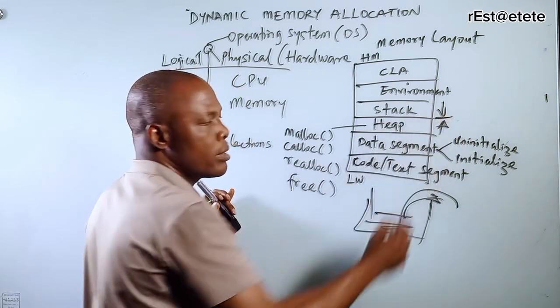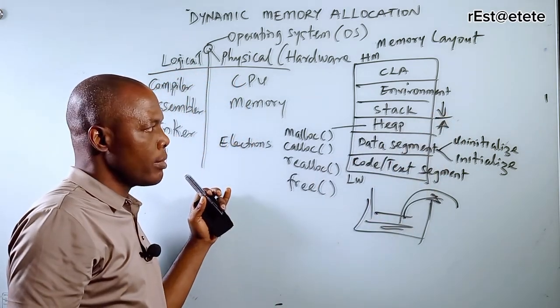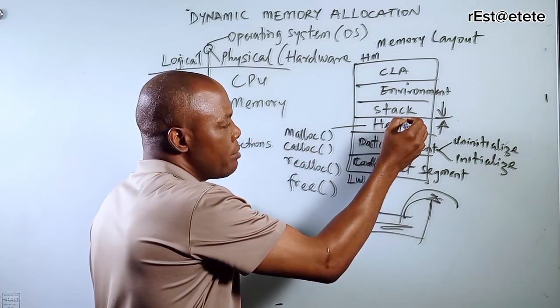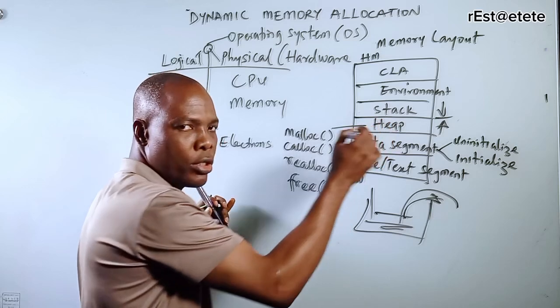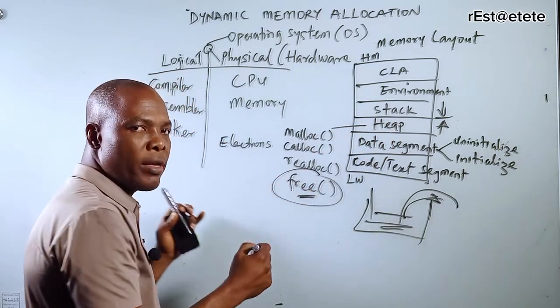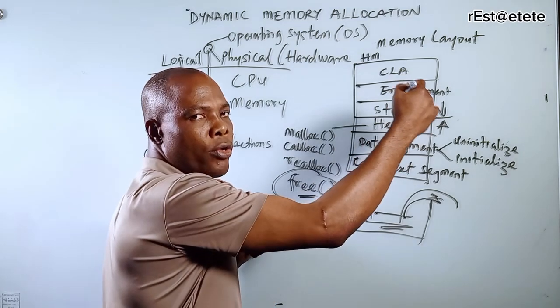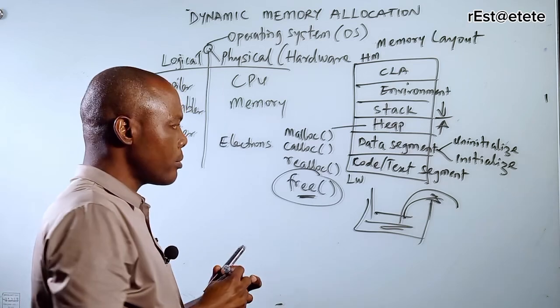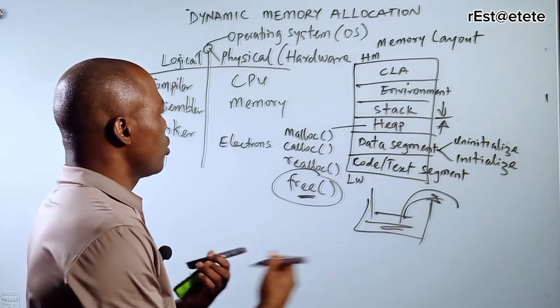They mustn't meet, otherwise the system will crash. So when you allocate memory in this heap, you must not forget to free it when you are done. That's why you need this function. Otherwise, it will keep growing and growing until it hits the stack, and that becomes a problem.